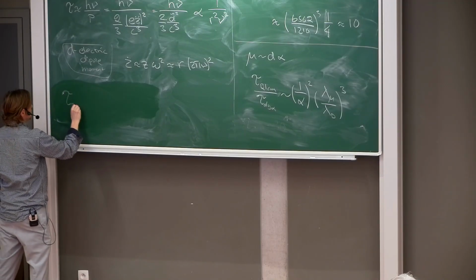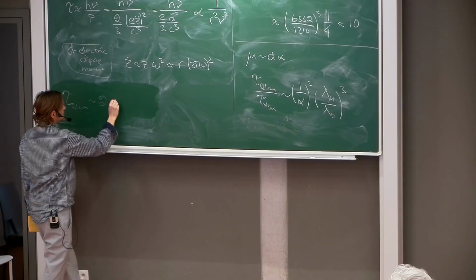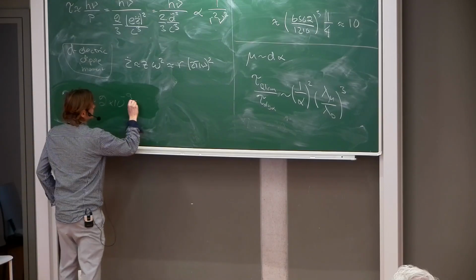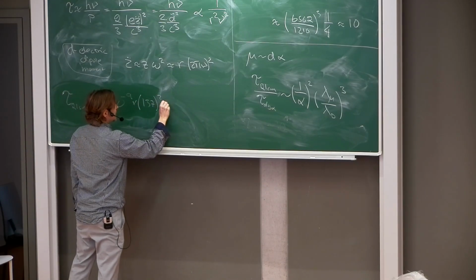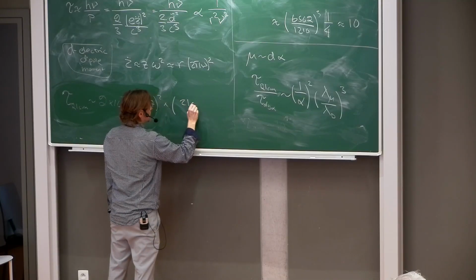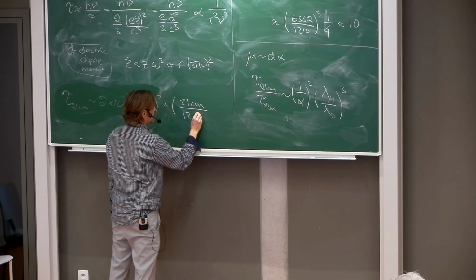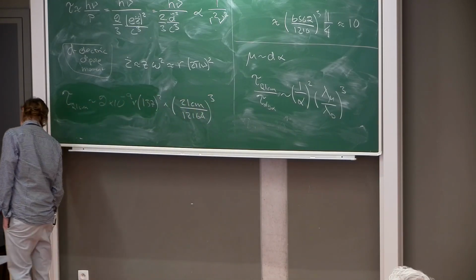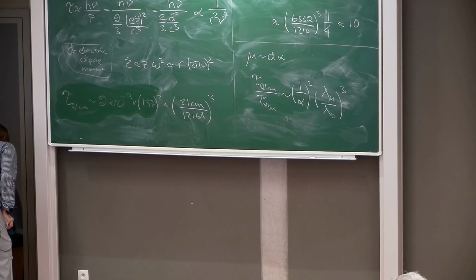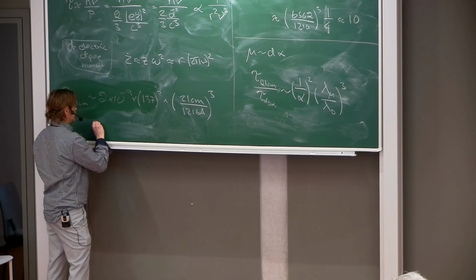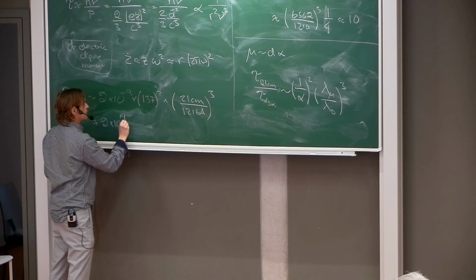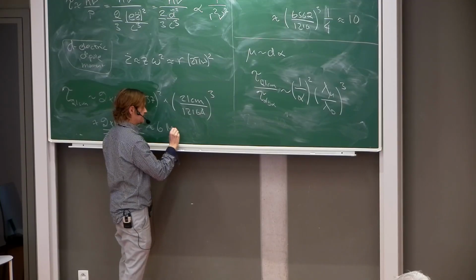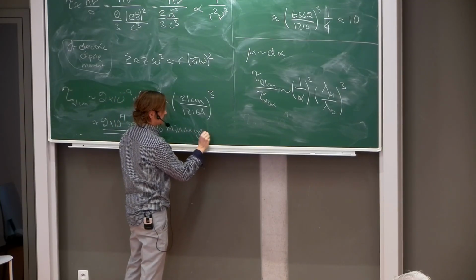The lifetime of the 21 centimeter line is on the order of 2 times 10 to the minus 9, that was the lifetime of Lyman alpha, times 137 squared times 21 centimeter divided by 1216 angstrom cubed. So here you have to translate this to there. And that's on the order of 2 times 10 to the 14 seconds, which is on the order of 6 million years.